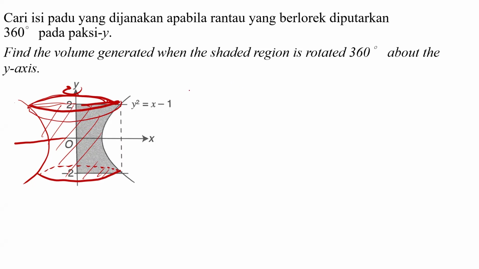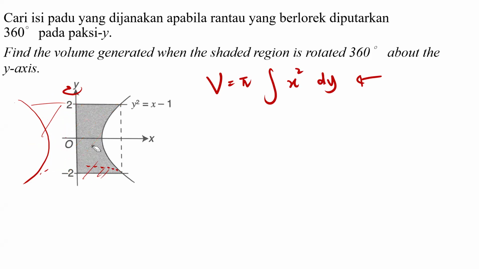Therefore, since it's towards the y-axis, the volume will be pi times the integral with respect to dy. The subject must be x squared, this line must be clear, and your boundary will be y1 and y2. So my y1 is negative 2, y2 is 2.